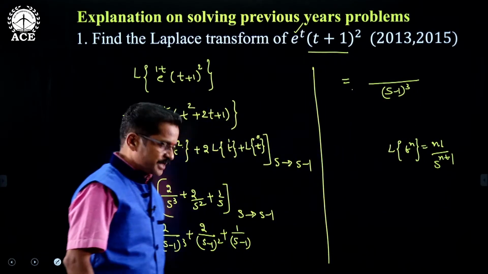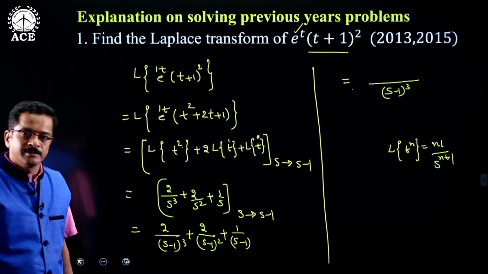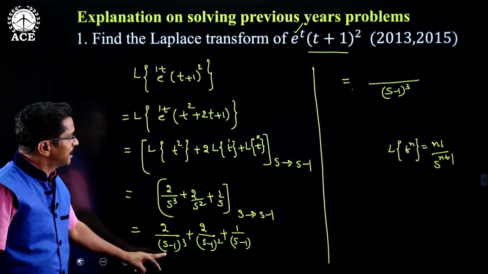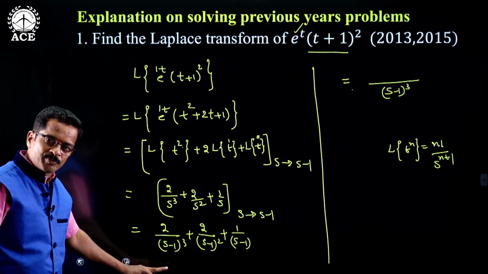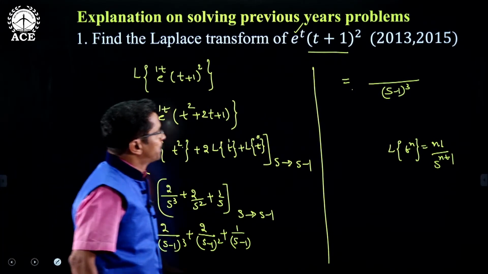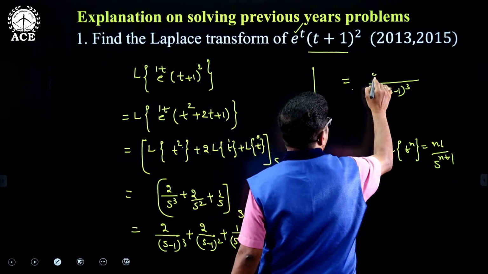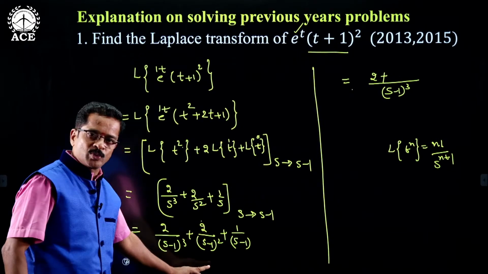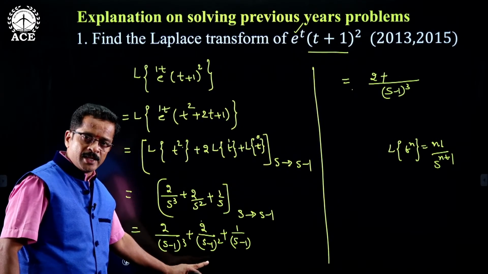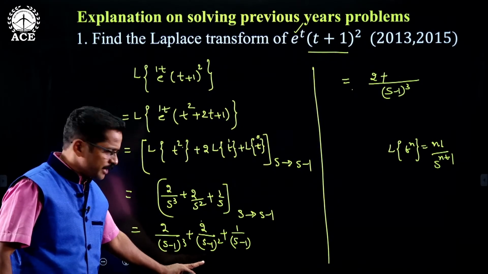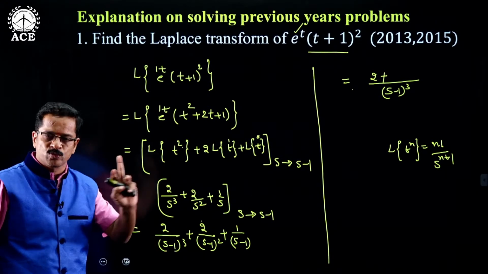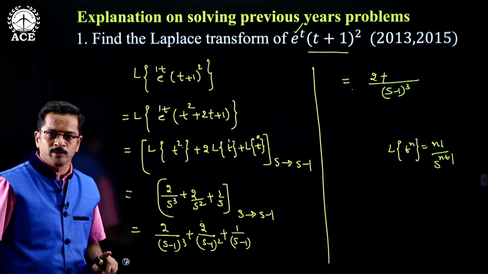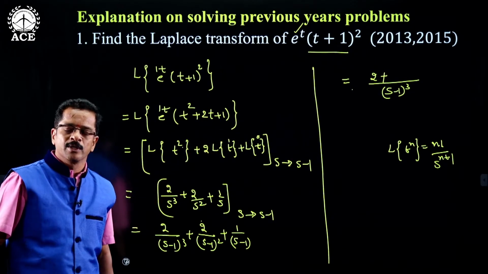Then its numerators are what? For the first term the denominator is the LCM only, so 2 will be its numerator, plus 2 by s minus 1 whole square. Here the denominator is s minus 1 whole square, which is short of s minus 1 to get s minus 1 whole cube, as s minus 1 whole cube is the LCM.